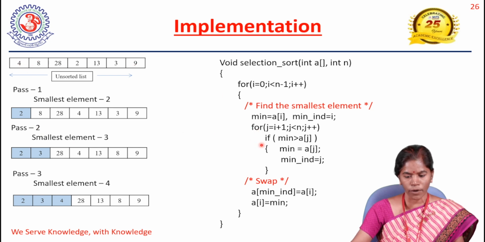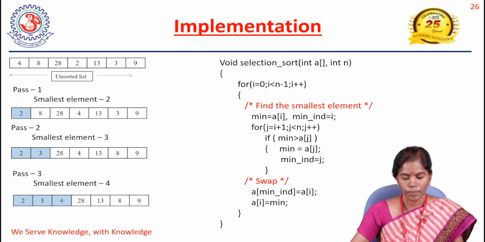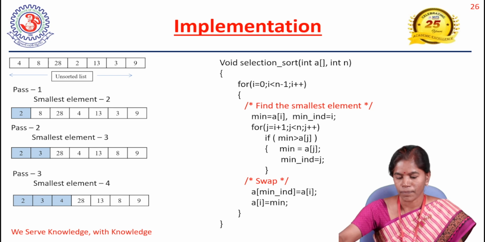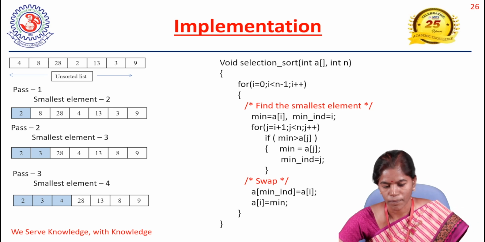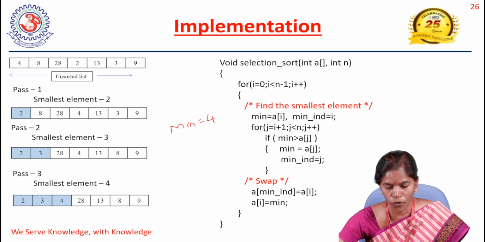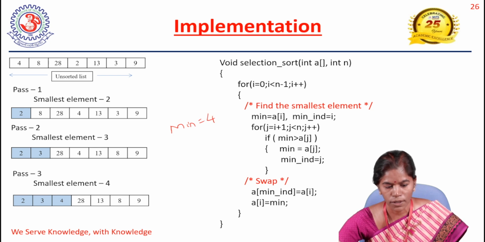First element 4, we store into the min variable. So min is initially 4, and this 4 is compared with all the remaining elements 8, 28, 2, 13, 3 and 9.